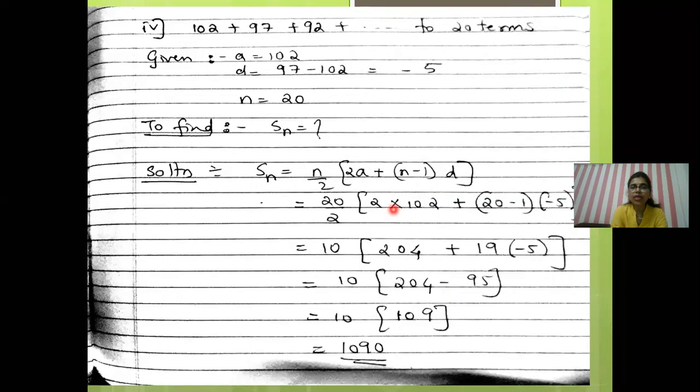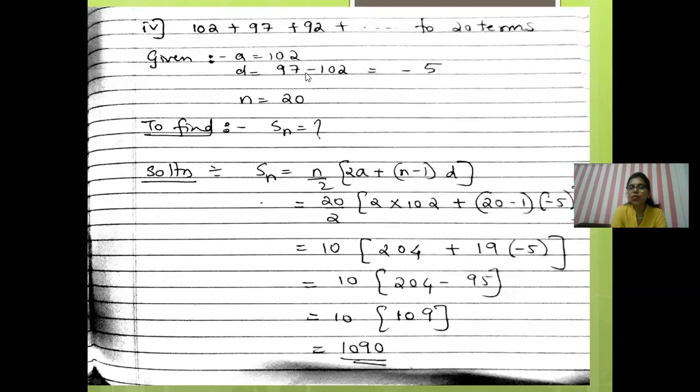In the next sum, again the series is given to you. The number of terms is given to you as 20. So you write the value of a as 102. Value of d, 97 minus 102, you got it as minus 5. Okay. After that, n is equal to 20. Now you have all the values.